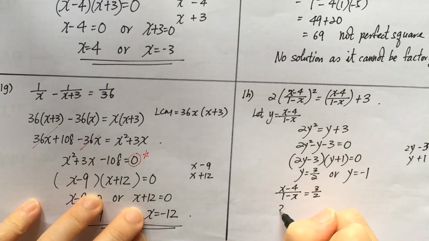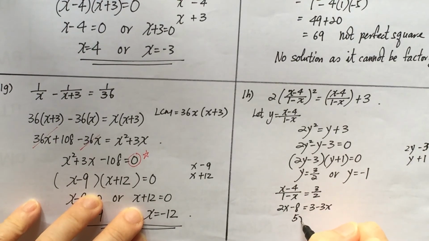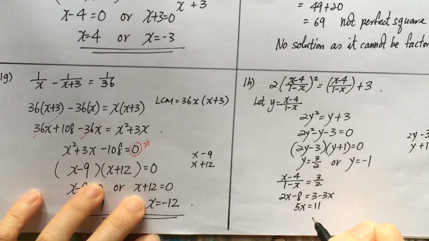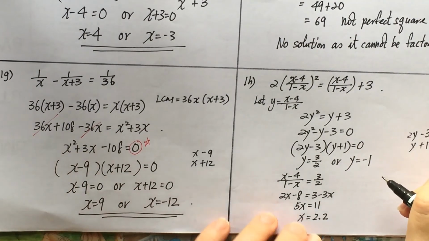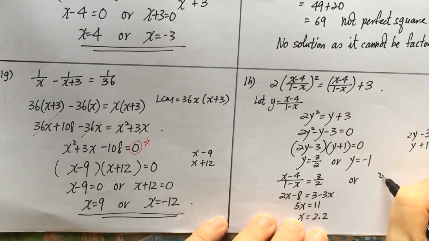So I'm getting 2x minus 8 equals 3 minus 3x. So I'm getting 5x is 11. So x is actually 2.2. The other possible answer is x minus 4 over 1 minus x equals negative 1.